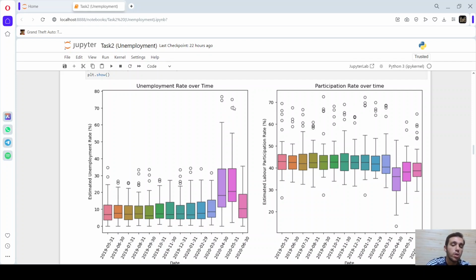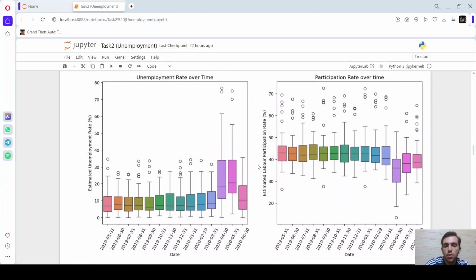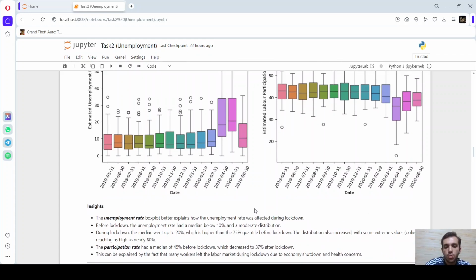So some regions had pretty large unemployment rates. Similarly, we can see how the participation rate went down during the lockdown. What's also a good insight to derive is that the unemployment rate and participation rate gradually went back to normal after the lockdown was over.